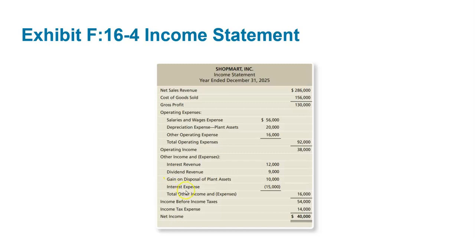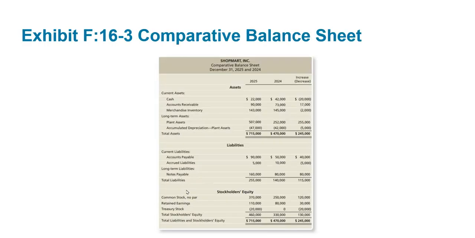The next statement we're going to go to is the comparative balance sheet. In the comparative balance sheet, we have the end balance from the current year and the end balance from the year before. The difference between these two is really the beginning balance and end balance of the year, because the end balance of 2024 is actually the beginning balance of 2025.